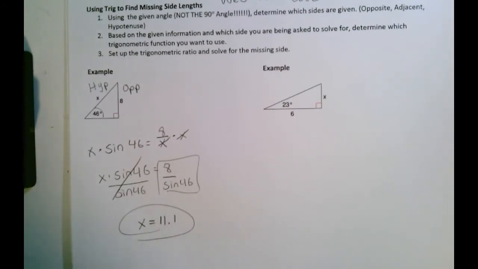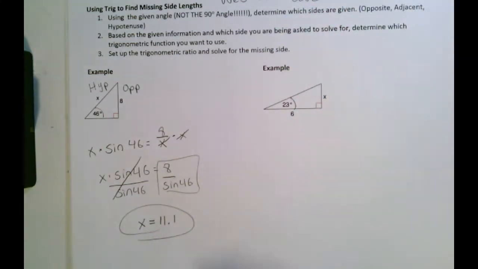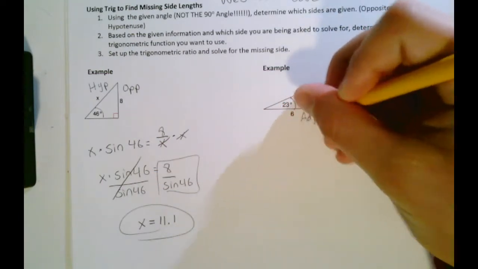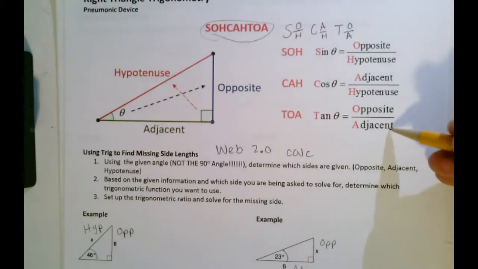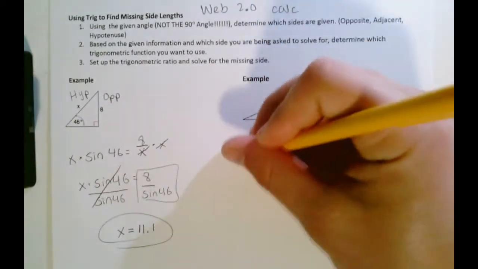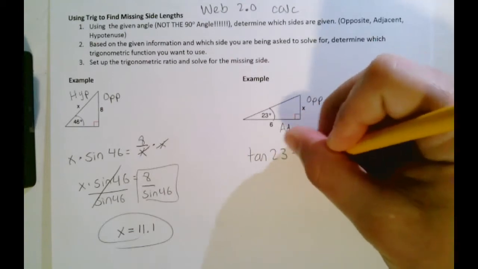Now let's see this set up again, just to try a different trig function and maybe different operations. We have our angle here, 23. We have opposite, and we have adjacent. So if I look at my trig functions now, opposite and adjacent means I'm going to use the tan function. So tan of 23 is equal to x over 6.